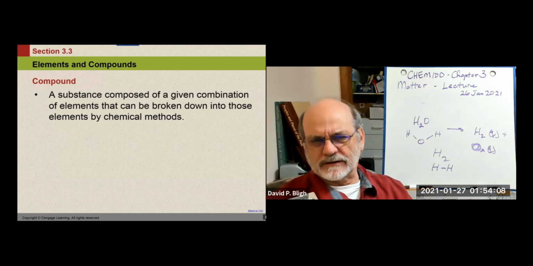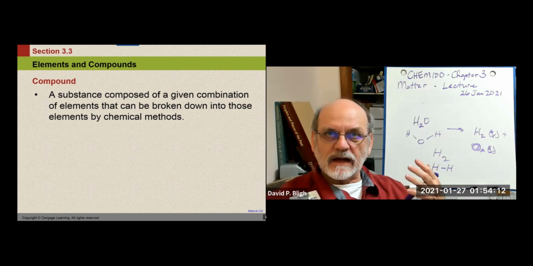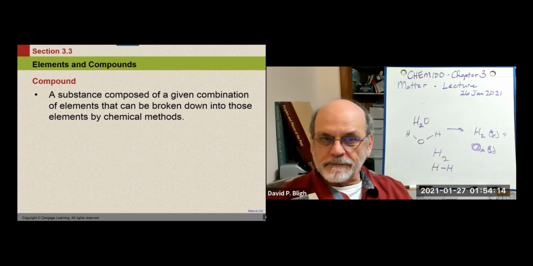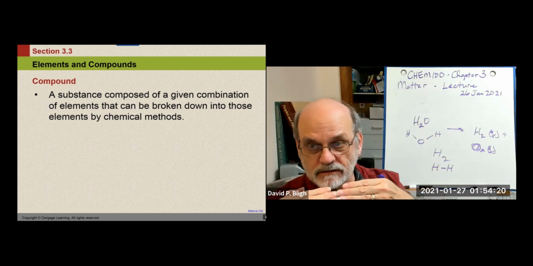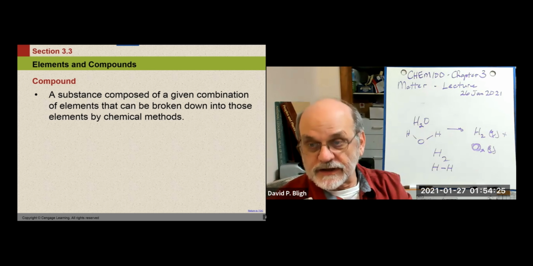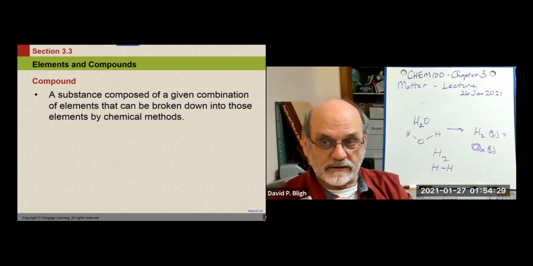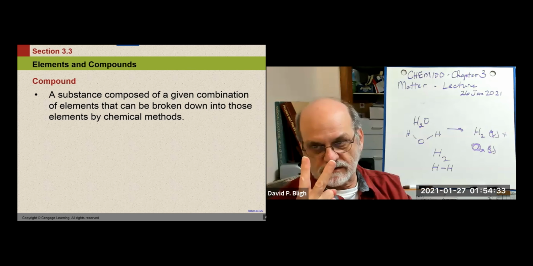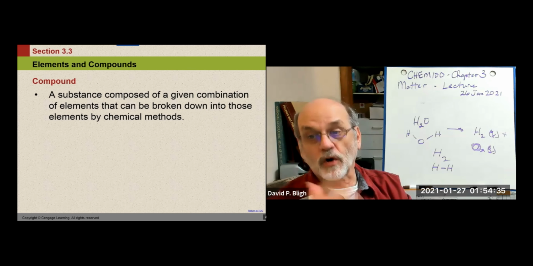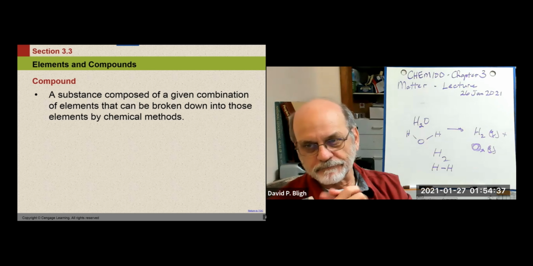Now, what's a compound? A compound is a combination of elements bound together into a single unit of some kind. Now, in order to have a compound, you must have at least two different elements, two or more elements.